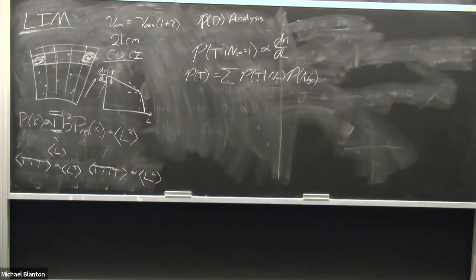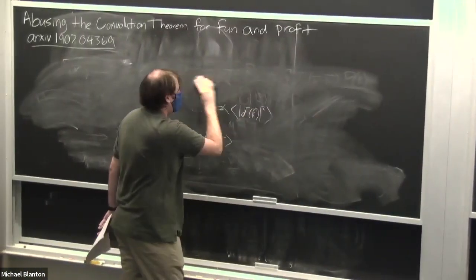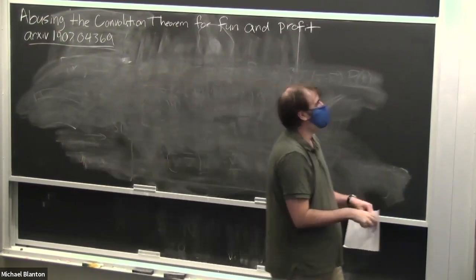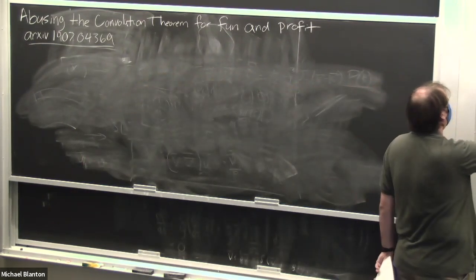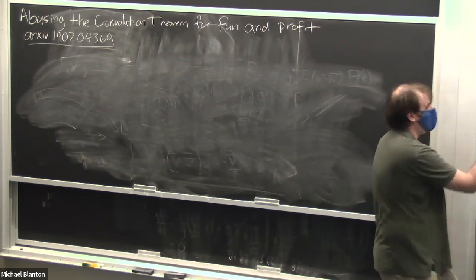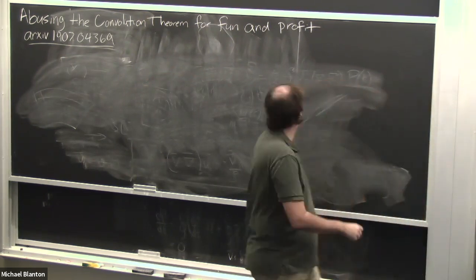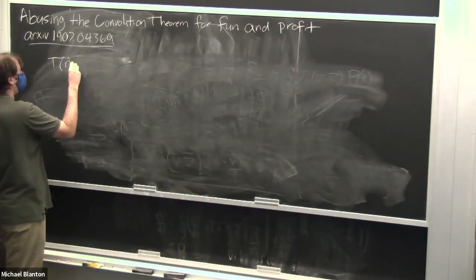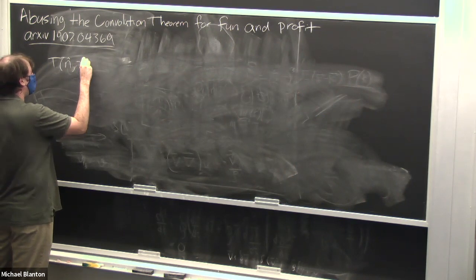Problem number 2 is that what I've effectively done here is said, I'm going to point my telescope in this direction, and I'm going to record all of the total emission of the sky in that direction at some frequency. I am going to measure T as a function of direction of the sky and nu obs.